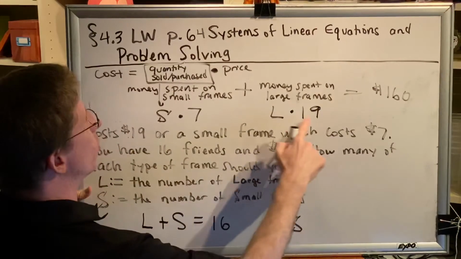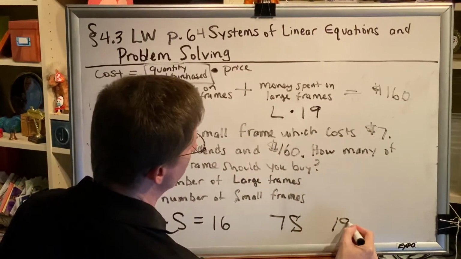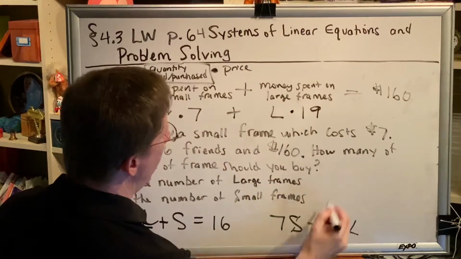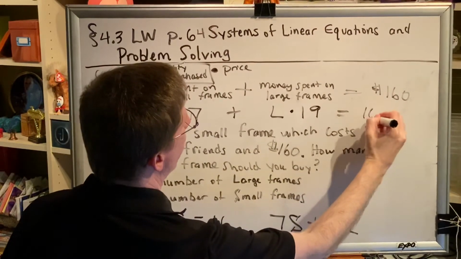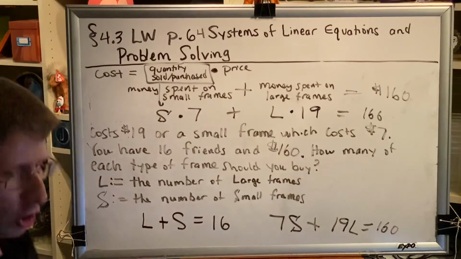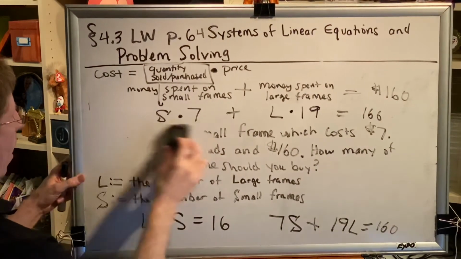The amount of money we're spending on large frames is L times 19, which we can write as 19L. We are adding those together, and that gives the result $160. These are our 2 equations. This is step 2 for this problem.